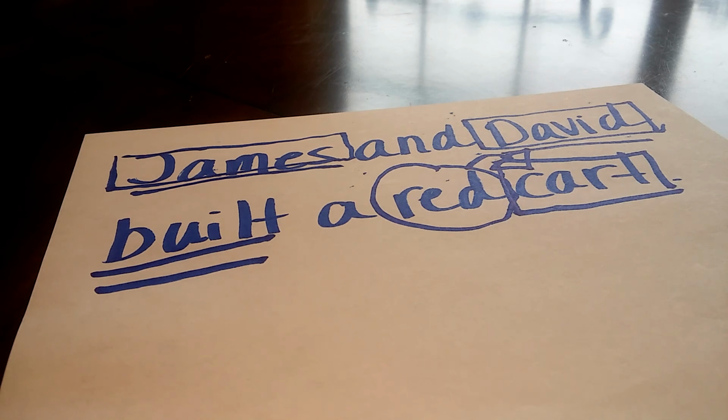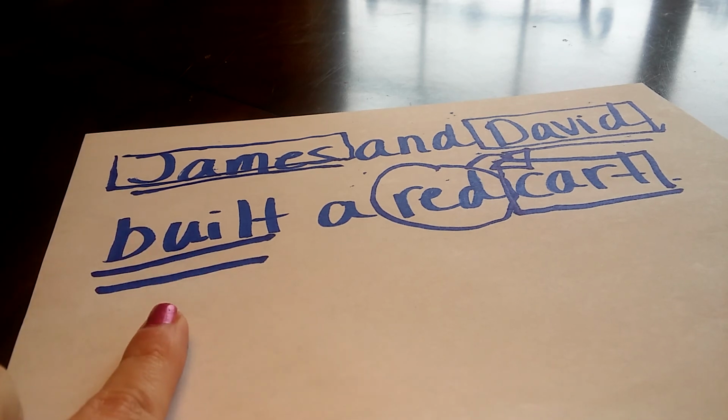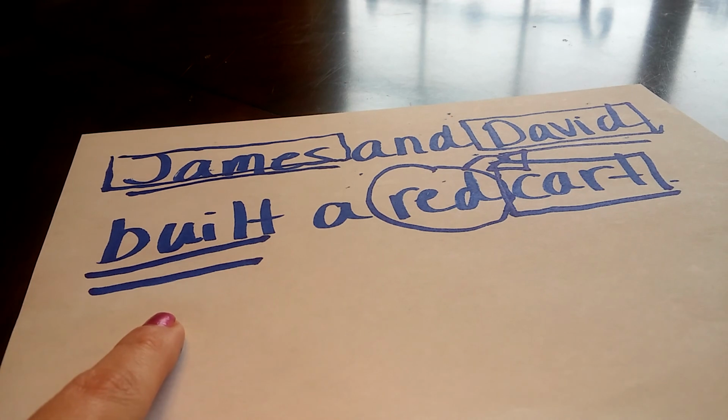All right. The way we find an adverb is to look at the verb, which is built. And we're going to say built how. Do you see any words in this sentence that tell how the cart was built? No, there are no adverbs in this sentence.